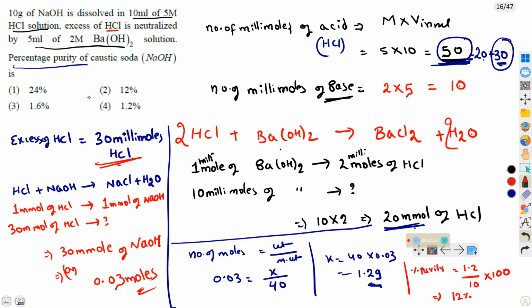Correct answer, second option. Formula of percentage purity: percentage purity is mass of pure NaOH by given mass into 100.